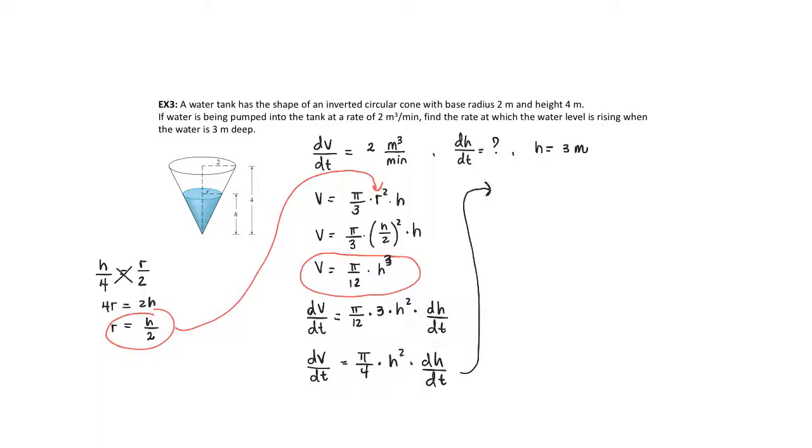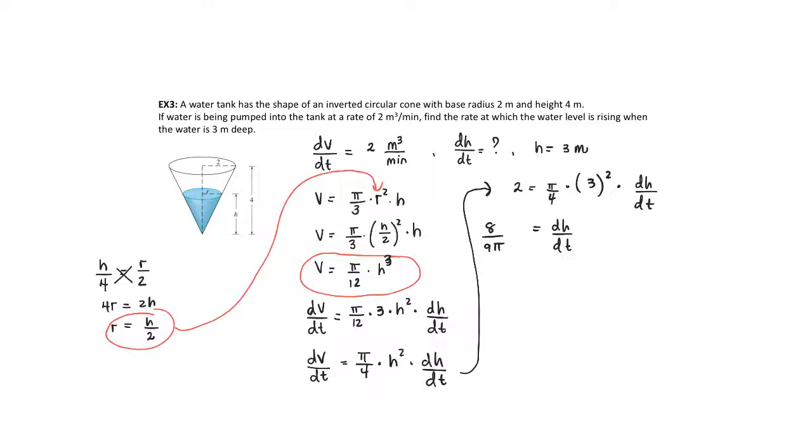So continuing here, we're going to have 2 equals pi over 4 times 3 squared times dh by dt, and simplifying, that will give us that dh by dt is equal to 8 over 9 pi.